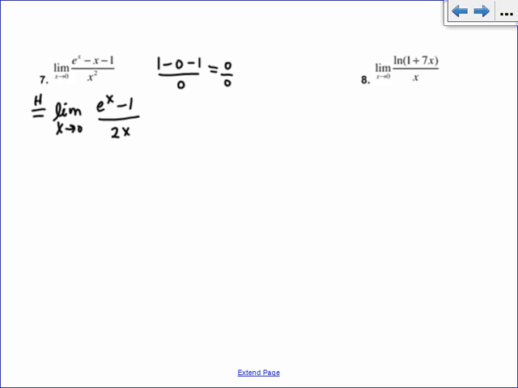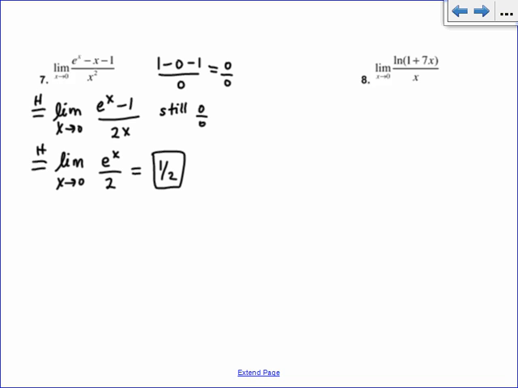Now when I plug in 0, what do I get? Still 0 over 0, right? So we do it again. We get e to the x over 2. So what's our answer? 1/2. E to the 0 is 1 all over 2. Yep.